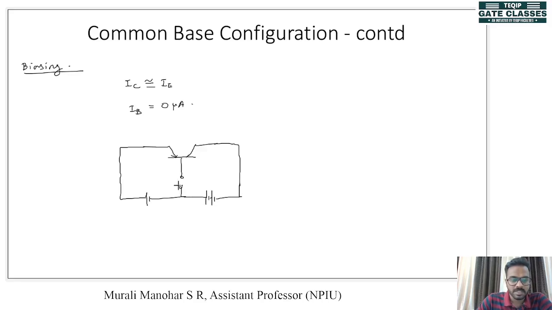Here we have an open circuit because IB is 0, and the current flow will be like this. Here we have IE, and here we have IC, which is approximately equal to IE. By using this relation, we can determine the biasing of this particular configuration, thus the common base configuration.